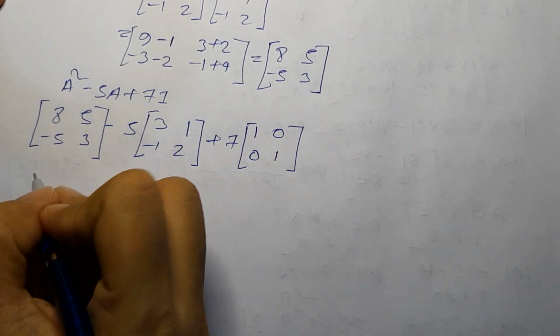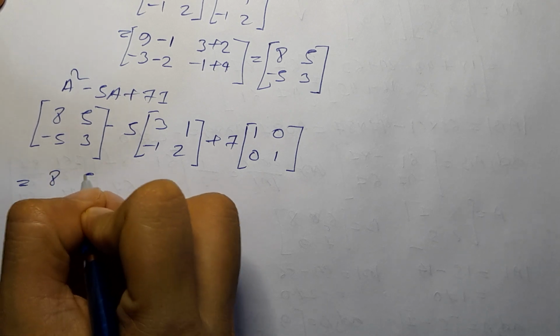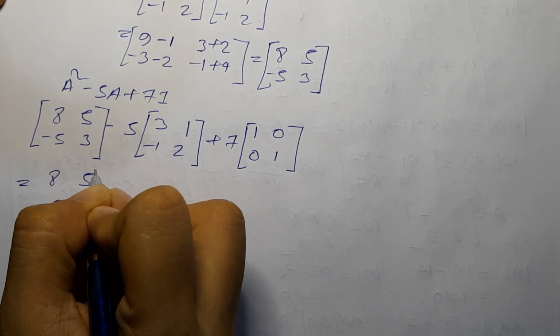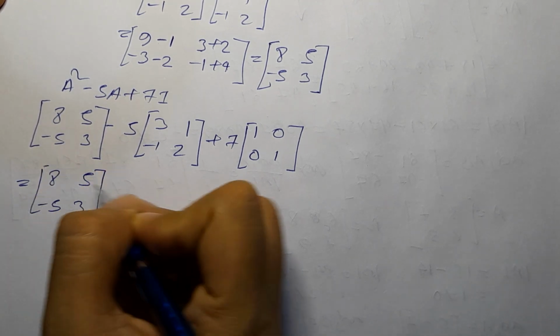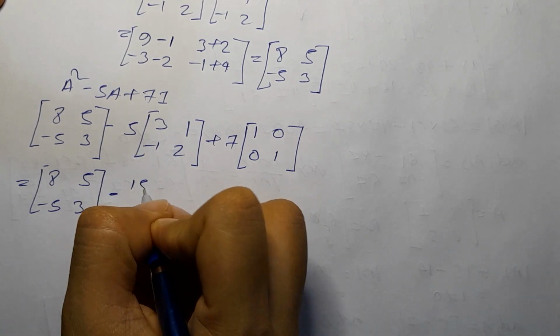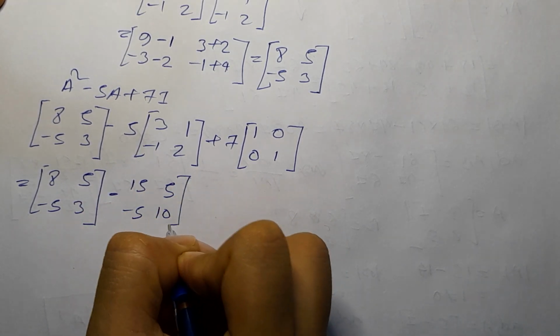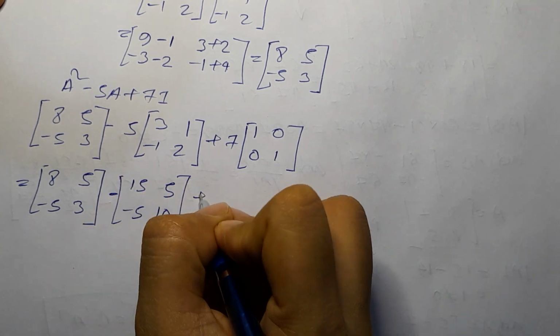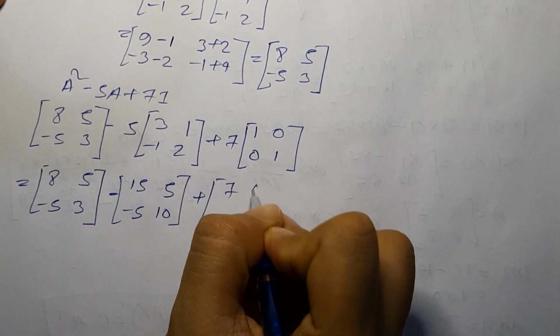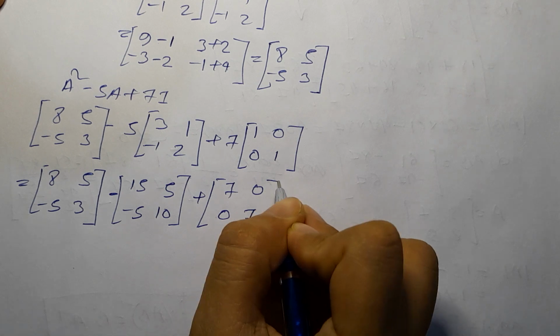This is the I. So it will be [[8, 5], [-5, 3]], multiply it, so it will be [[15, 5], [-5, 10]], plus, multiplying it, [[7, 0], [0, 7]].